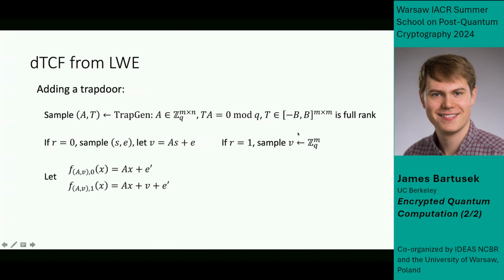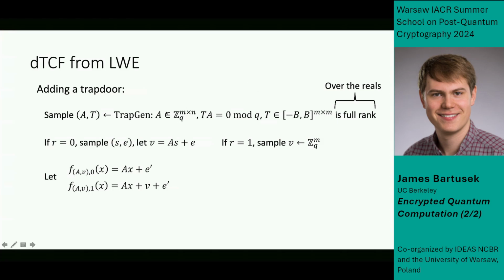But the two other crucial properties of the trapdoor T are, one, that it is short, so each entry of T is itself a short element, and also that it's full rank. Because of this condition, it can't possibly be full rank mod Q, but what we care about is that T is full rank over the real numbers.